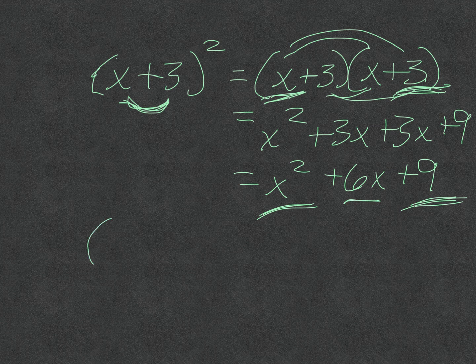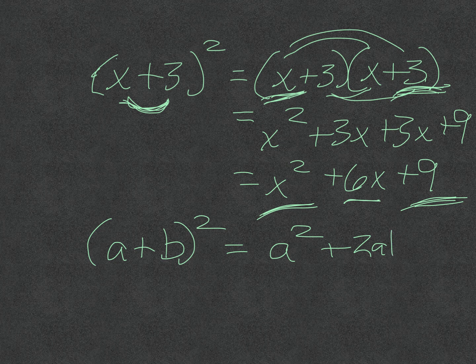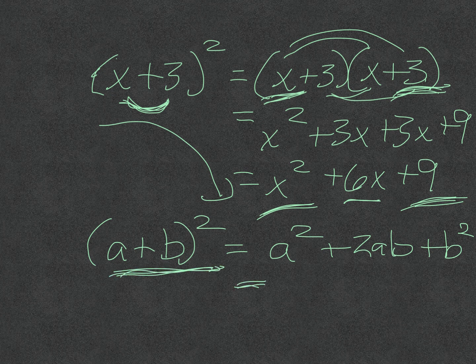And this turns out to be what the pattern is. If you have a plus b squared, it's equal to a squared plus 2ab plus b squared. And so the goal is not to do this by FOIL. It's to recognize the pattern and then just write out what the solution is.